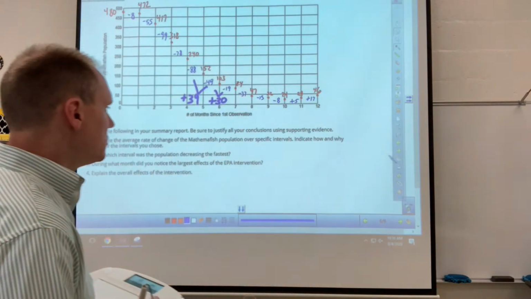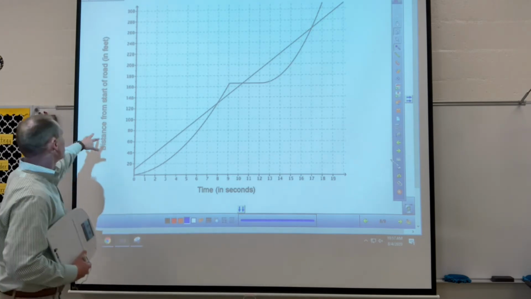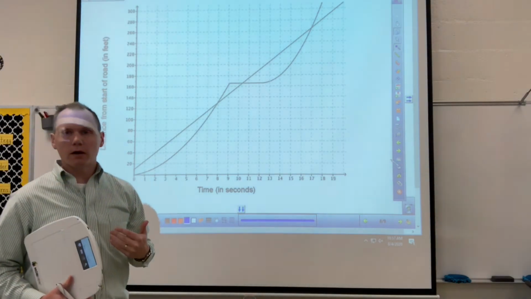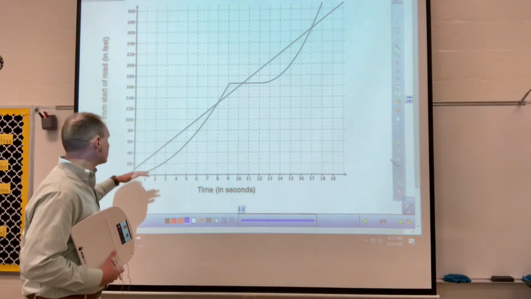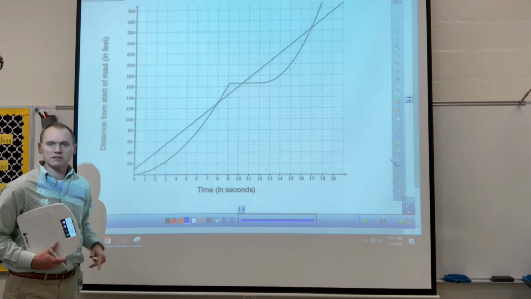But in a new case, we've got distance from the start of the road. So we're talking about the two things traveling along the road. One is a bike and one is a truck. We're talking about them traveling along this road here, and it's in terms of time in seconds.